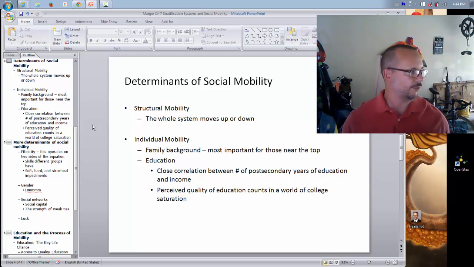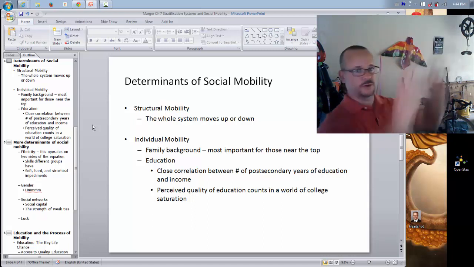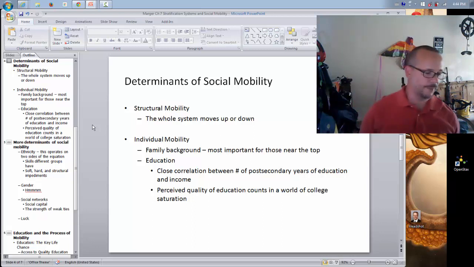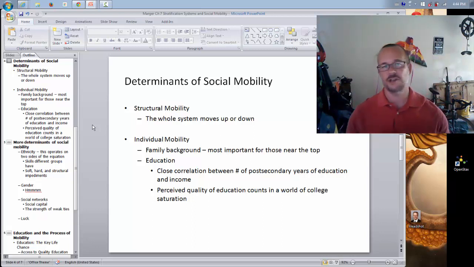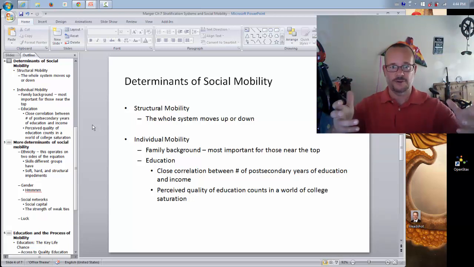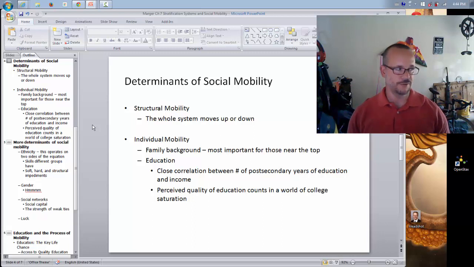The United States through the 40s, coming out of the 40s into the 50s and 60s, had this jump in fortunes for just about everybody. The whole system moved up. So if you didn't do well through the 40s, 50s, and 60s, that would have been a little bit surprising, because as the whole country moves, then just by staying the same, your fortunes should have improved, right?